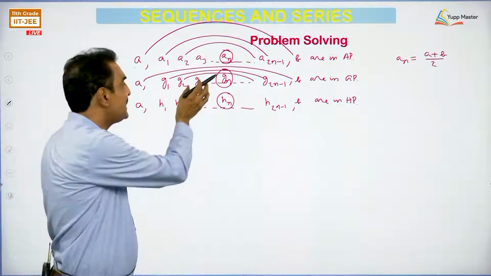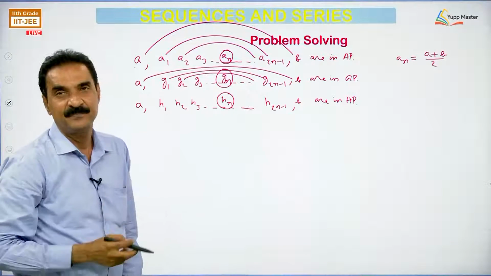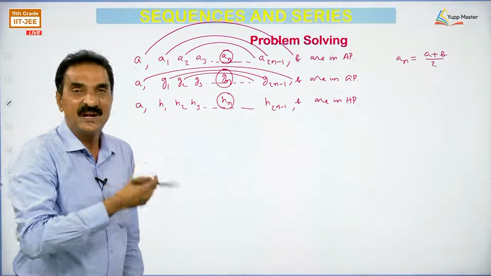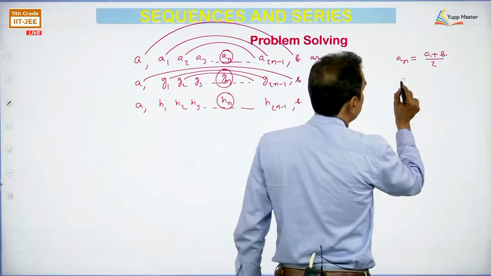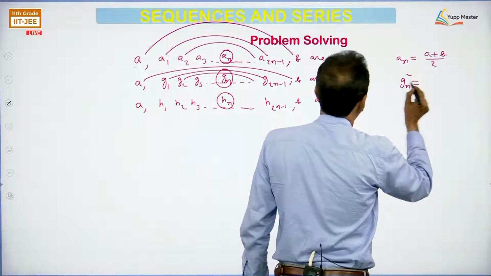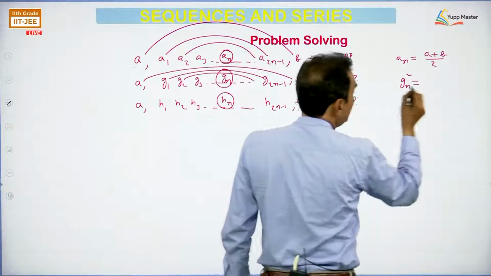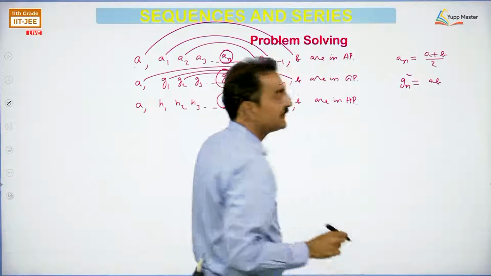Here also Gn will be left alone, you cannot pair it. So we have to take Gn two times. So Gn into Gn, that is Gn square, will be equal to A into B, AB. Alright.